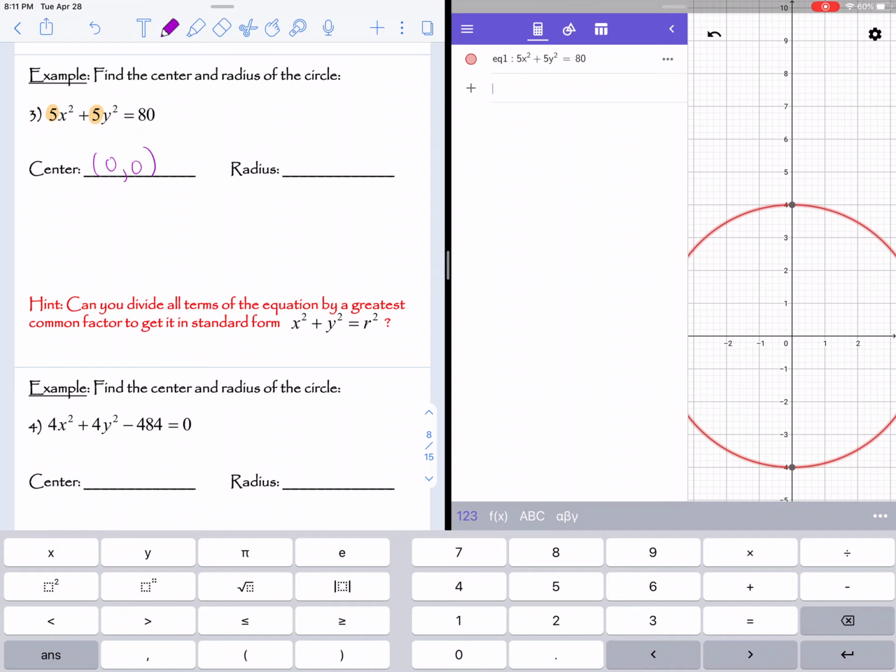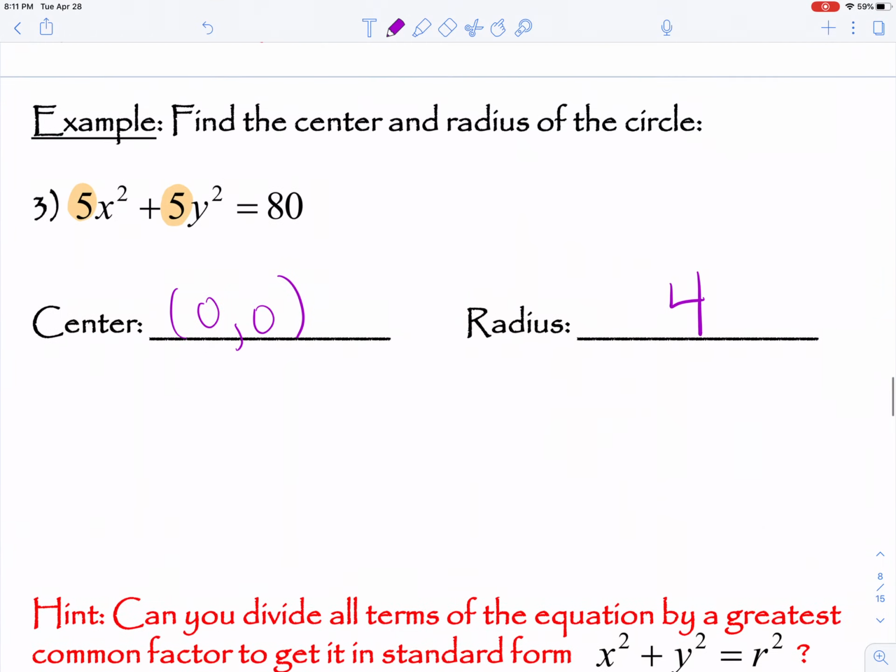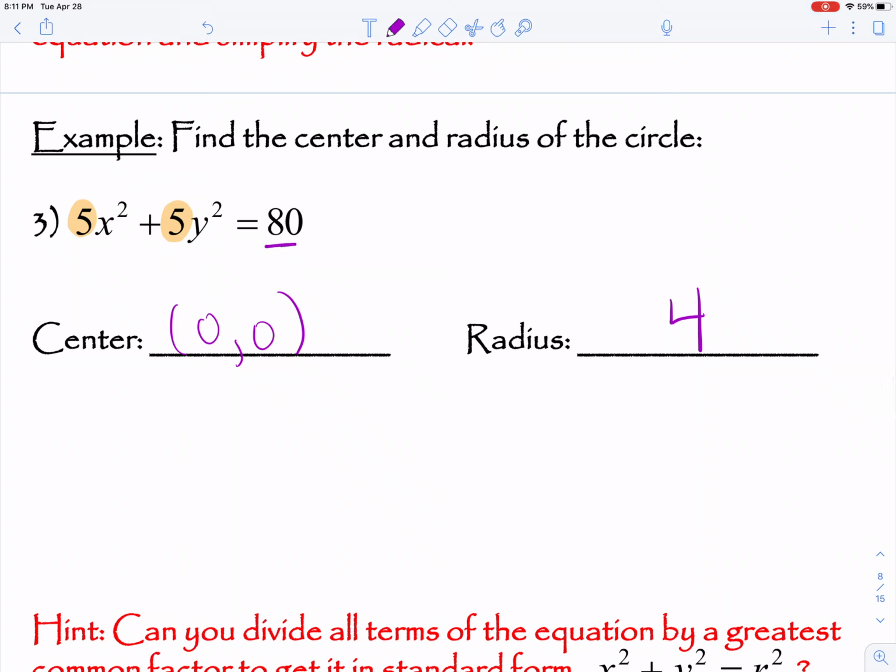And what's the radius? If you look here, where is it crossing? At 4. So how would we be able to get that the radius is 4 from this equation? What would it normally be equal to get a radius of 4? Well, that's the square root of 16.